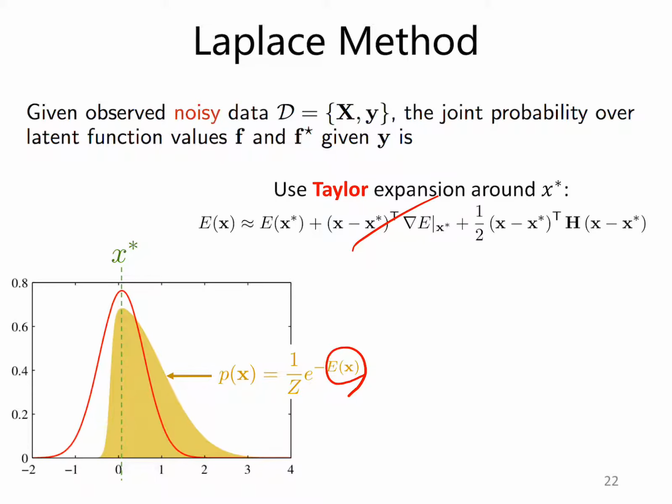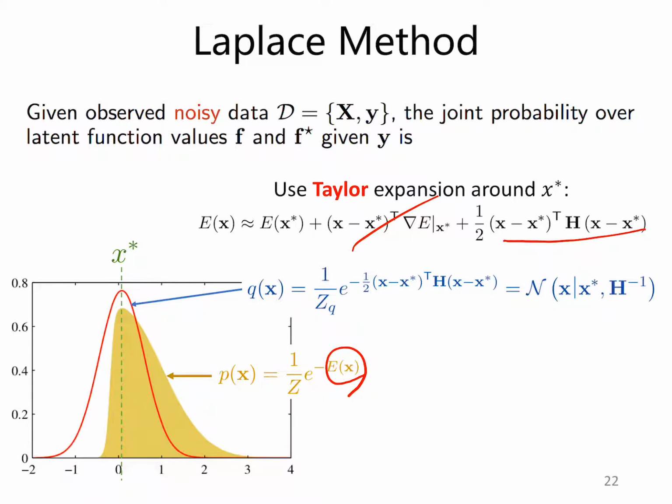My Taylor expansion is going to be basically the quadratic term, because the constant term is going to get absorbed in my normalizer. So for any form of function that looks like this, I'm going to find its x star, and around that x star find the second order Hessian, H, and the inverse of the Hessian is going to be my covariance.